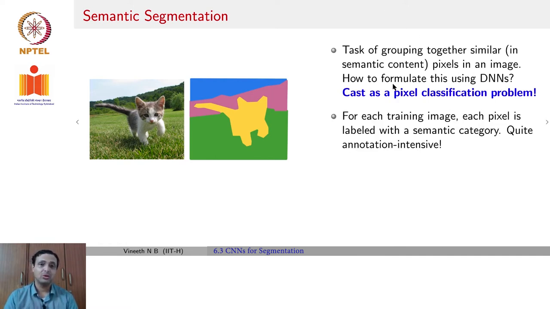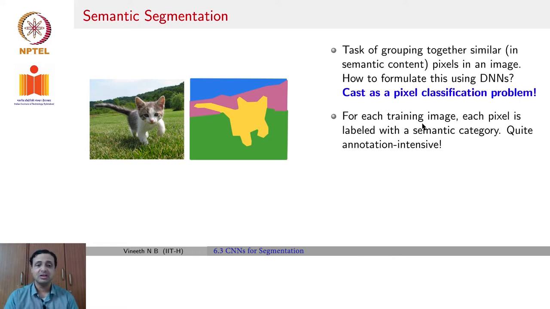So far we spoke about image level classification, where we had only a label at the level of an image. Then we went to detection, where we had labels at the levels of bounding boxes, where we not only gave a class label but also an offset to the bounding box to make a final prediction. But in semantic segmentation, we are going to classify at the level of every pixel. So for each image, each pixel has to be labeled with a semantic category.